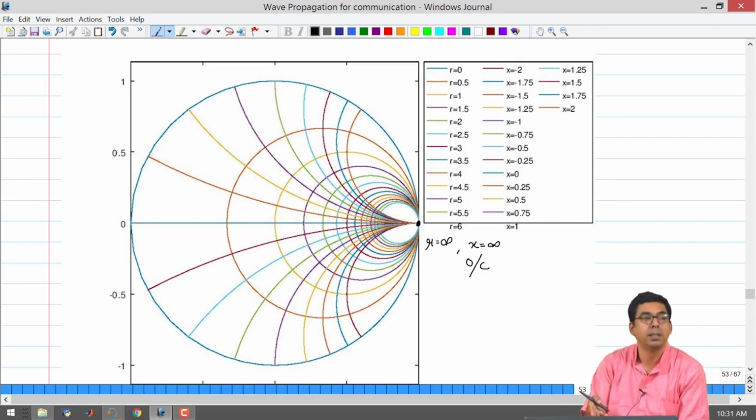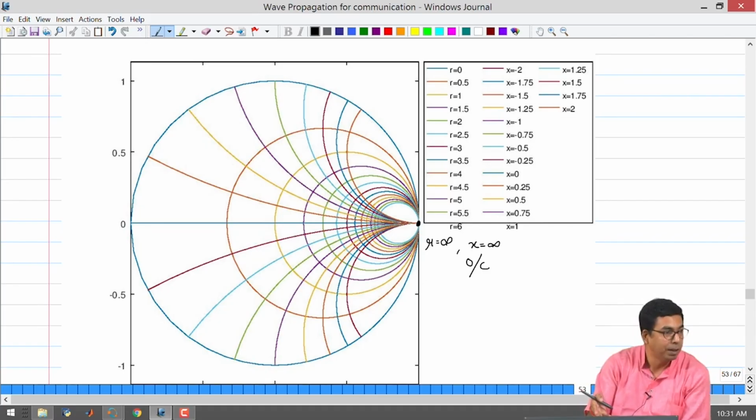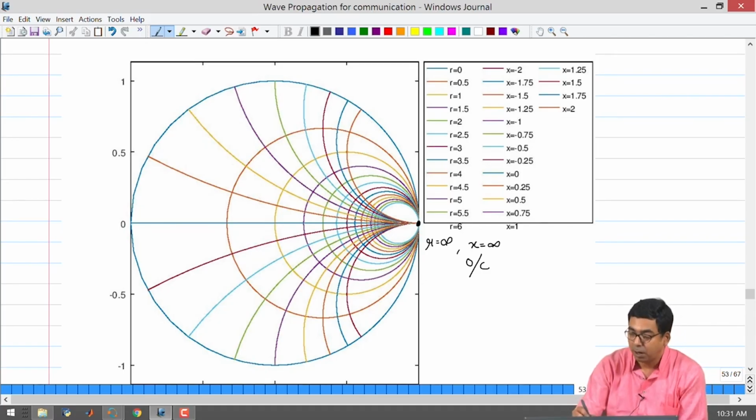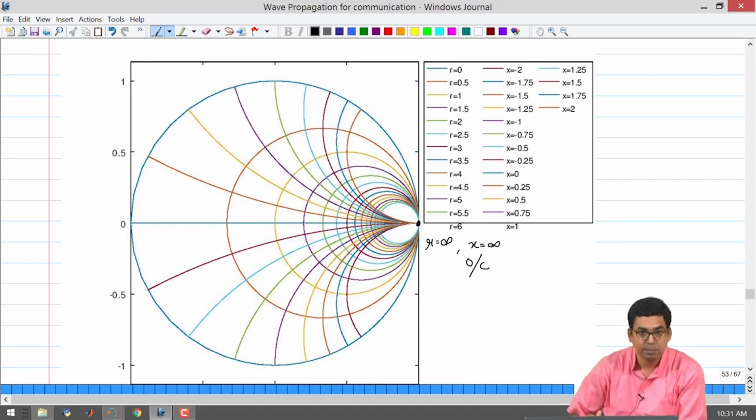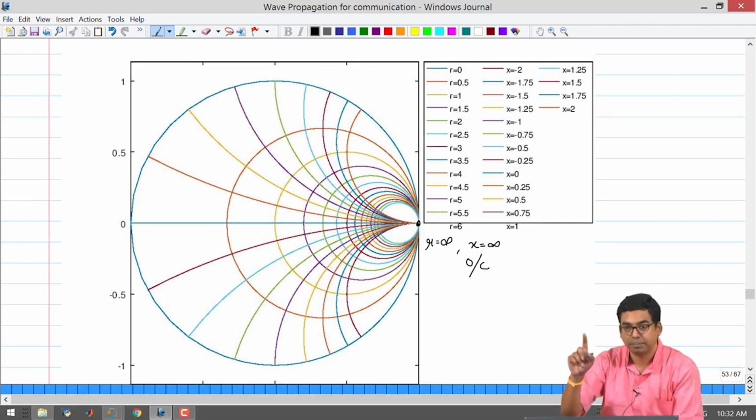This is the third method, which is the graphical way. Now, you know that on the right hand side of this chart, R is equal to infinity, X is equal to infinity. So, if somebody tells you that the load impedance is open circuit, you can quickly go to the Smith chart, mark this point and say that the reflection coefficient is going to be 1.